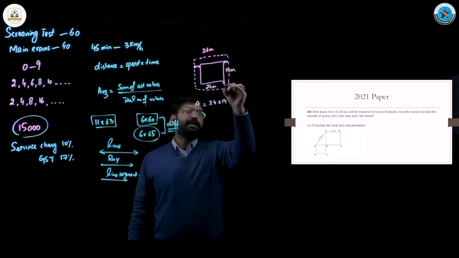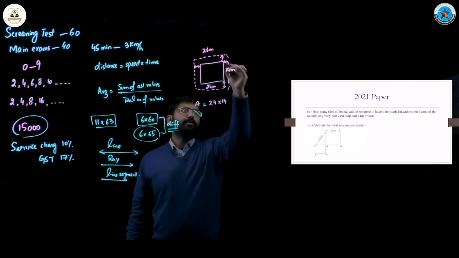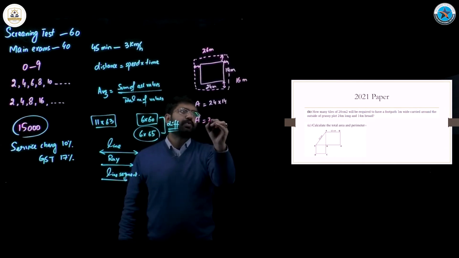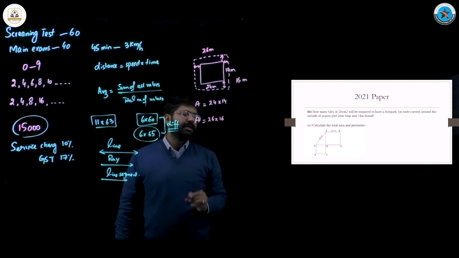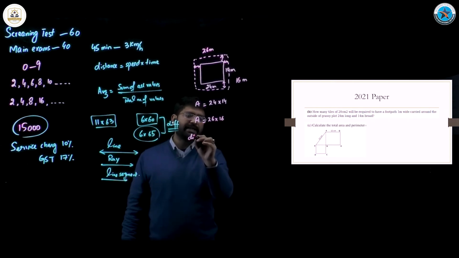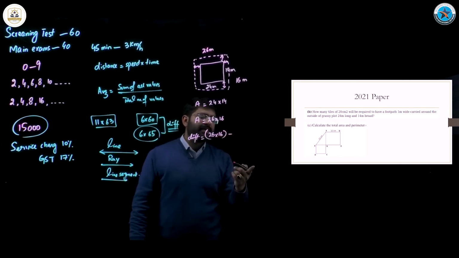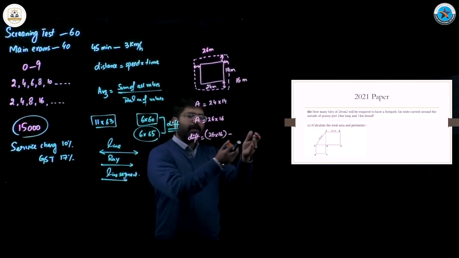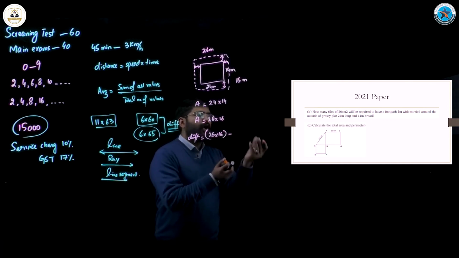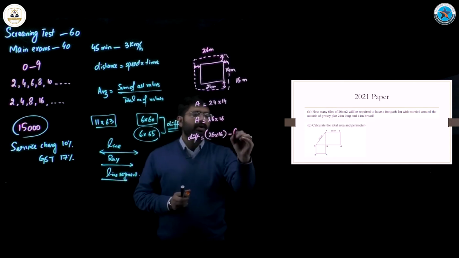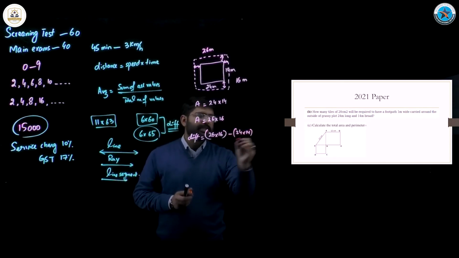Similarly, 1 meter here and 1 meter here, it would become 16 meter. So the new area would be 26 into 16. The difference of these areas would give you the area of the tile part, and you will divide by the area of 1 tile to get how many tiles would be needed to cover that area. So this is how you will be dealing with such questions.